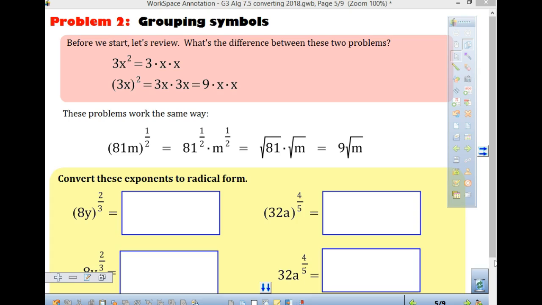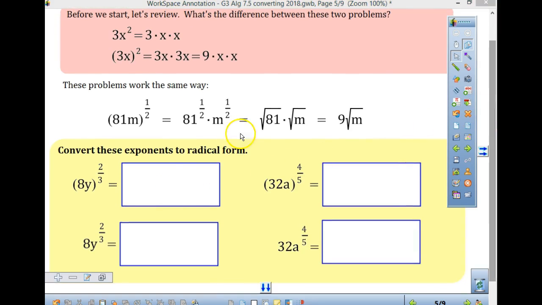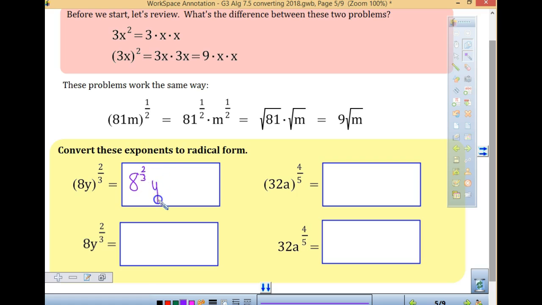If we are looking at 8y to the 2/3, my hint is to start with 8 to that 2/3 power. So we're going to write it as 8 to the 2/3, and we are going to have our y to the 2/3. Now, 8 to the 2/3 means we are taking the cube root of 8, which is what?